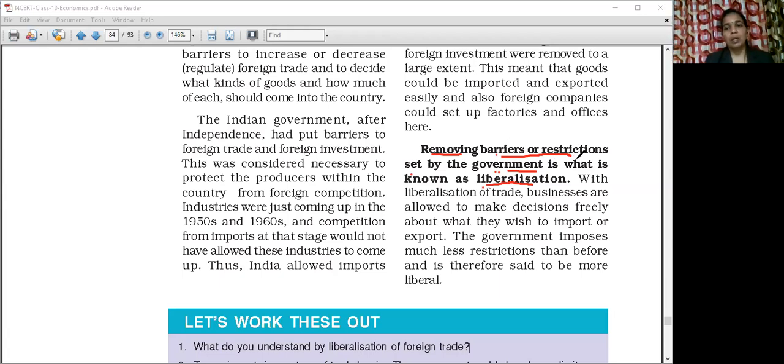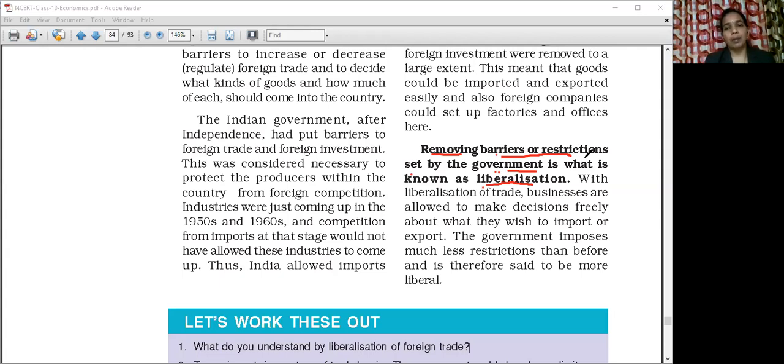Removing barriers or restrictions. In the early period when India got independence, trade barriers were there. And when these trade barriers were removed in 1991, that action is called liberalization. The restrictions or barriers set by the government were removed.